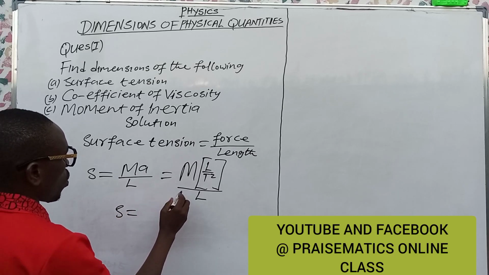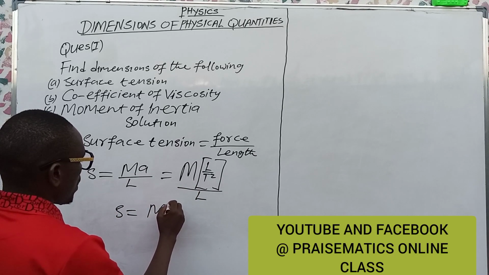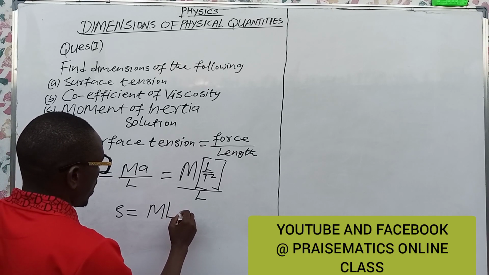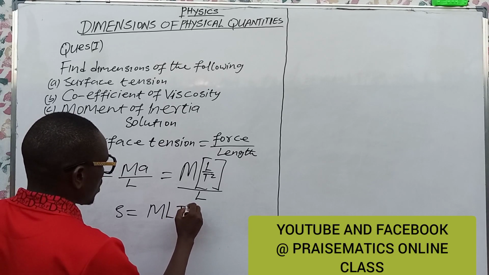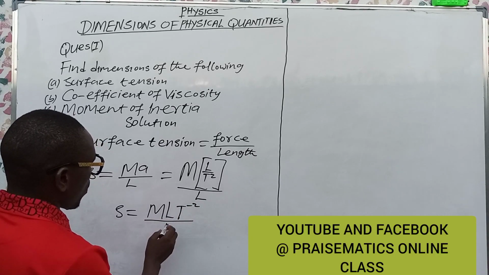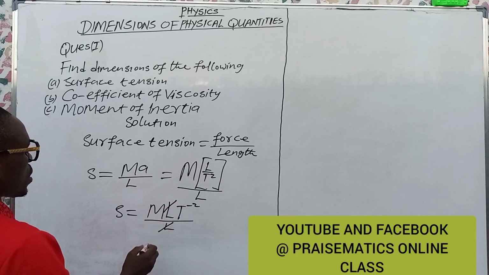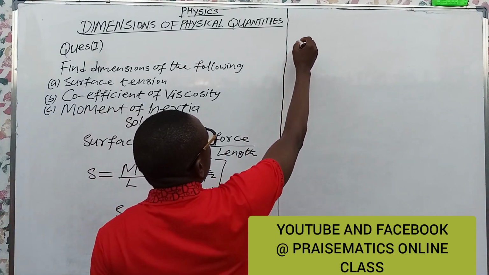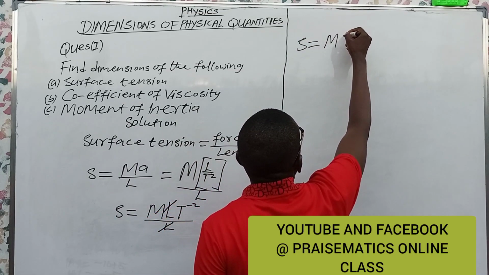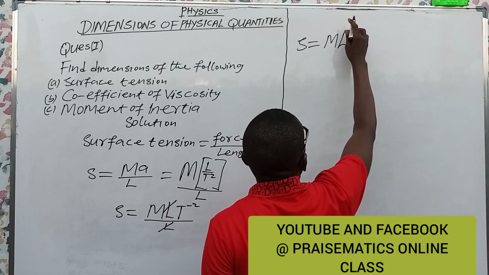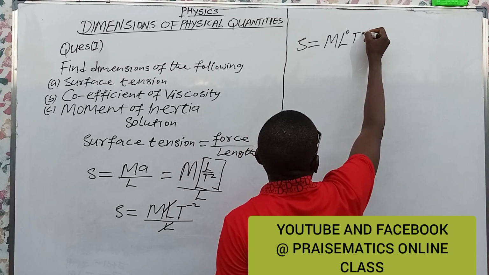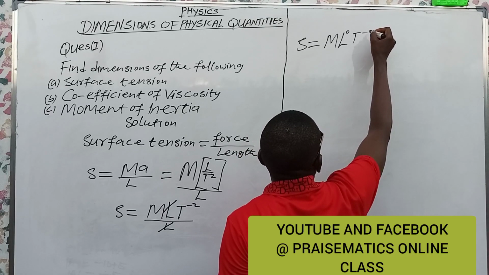Now, what do we have? Surface tension is equal to M L T minus 2 over L. Now the L will cancel this L, and we have that our surface tension is equal to M L power 0 T minus 2.